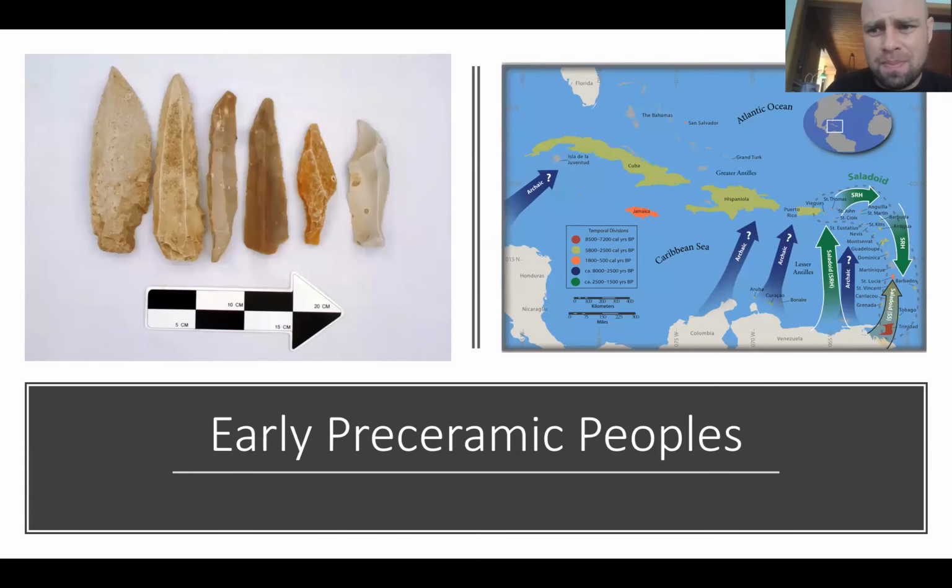We don't really know much about the pre-ceramic people. We've found a few burials and some grinding stones and some points. So these are some projectile points used for hunting. But the sites are pretty dispersed and pretty difficult to find.